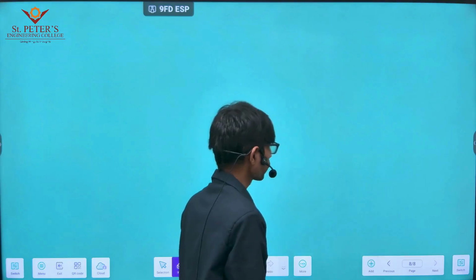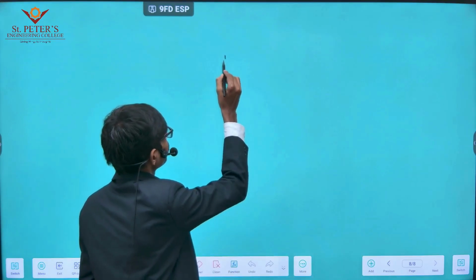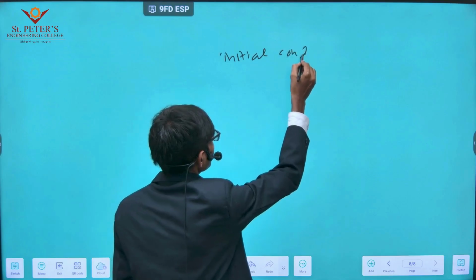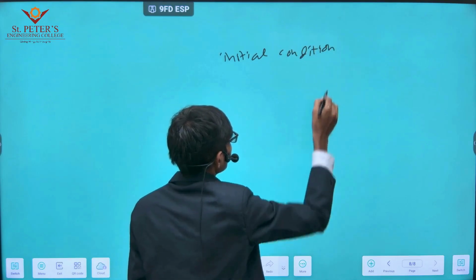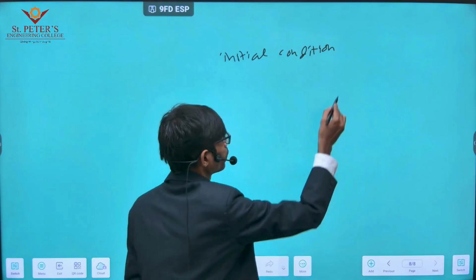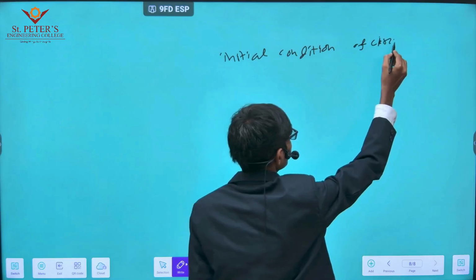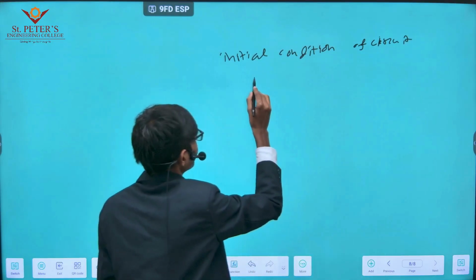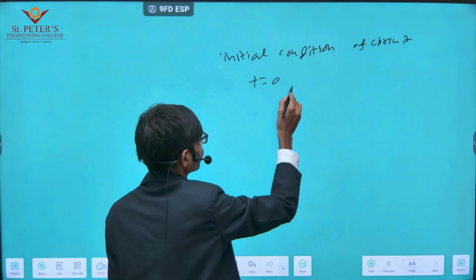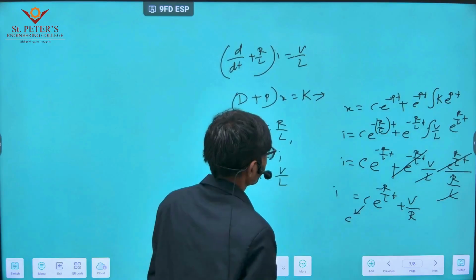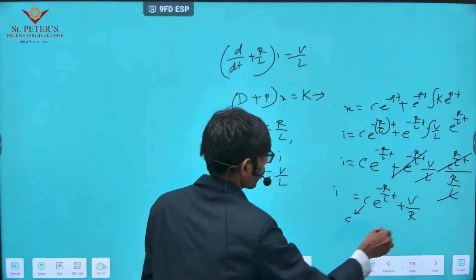For that purpose, we have to consider the initial condition. Already we discussed that. We have to consider the initial condition of the circuit. When t is equal to 0, the current I is also 0. So substitute the values here.